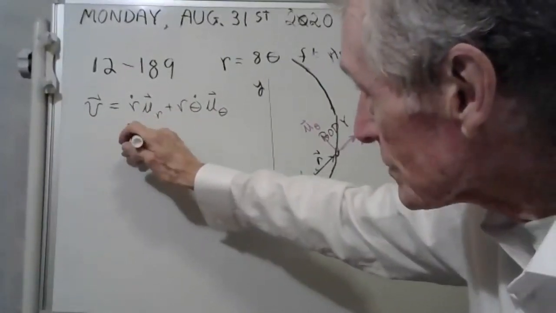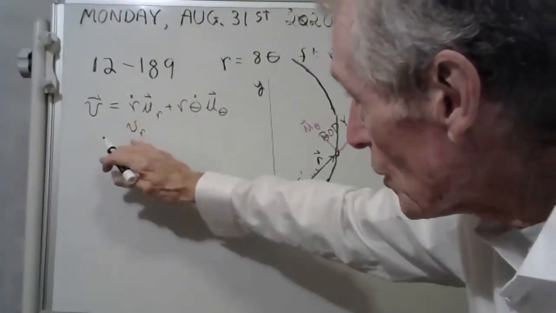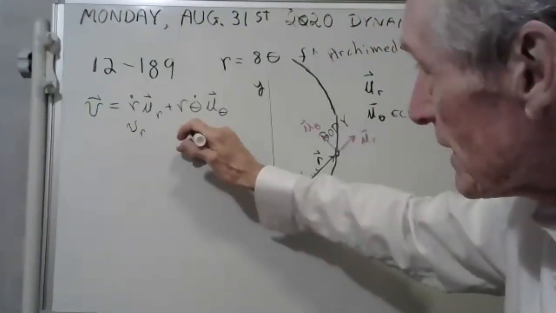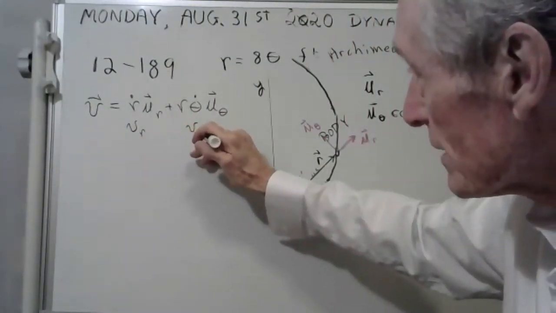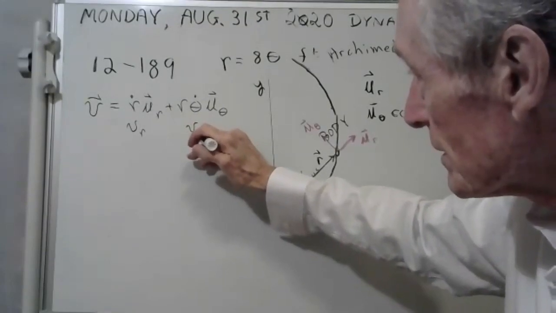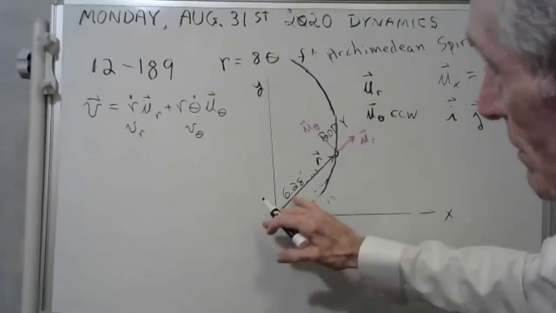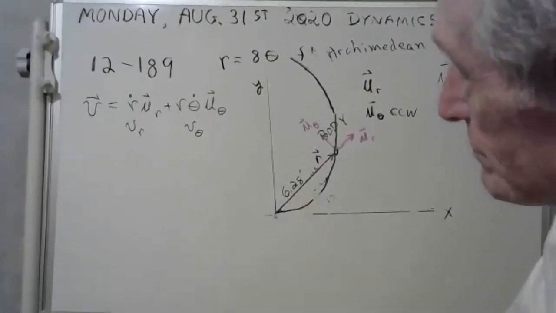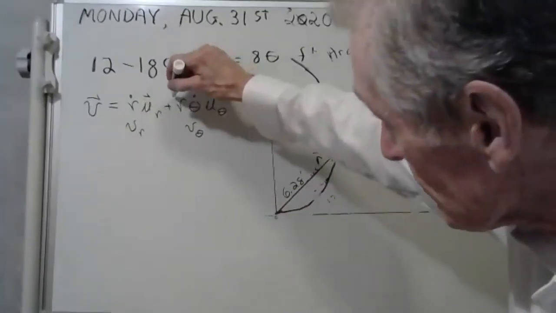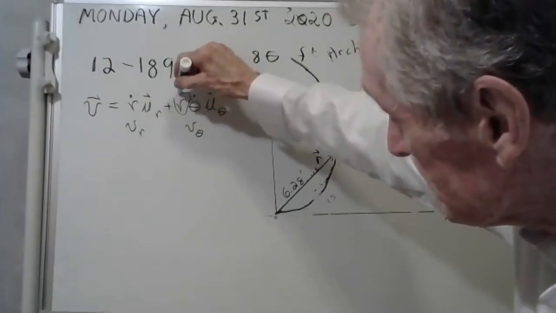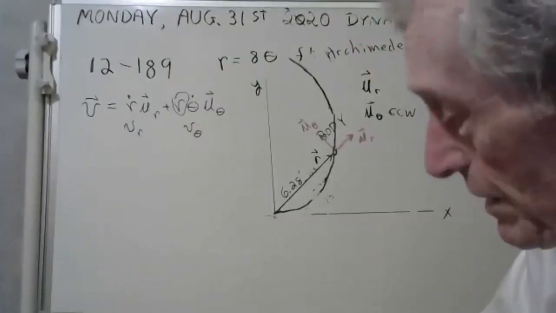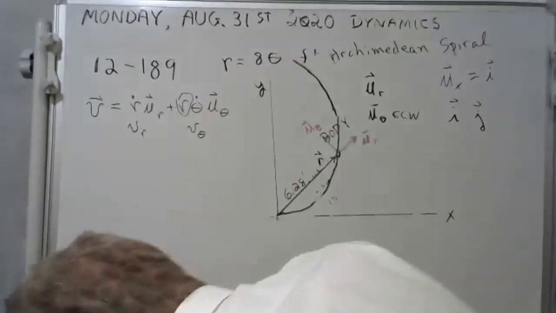See, you know what that is? That's the radial component of the velocity, and that's the transverse component of the velocity. Now we know what r is. It's 6.28. So I could circle it. But I don't know what theta dot is. Let me read this thing again.